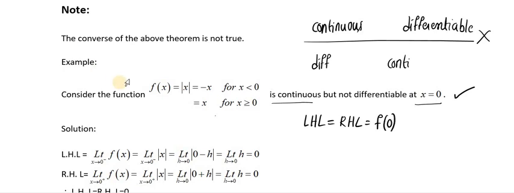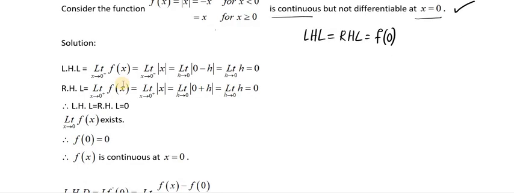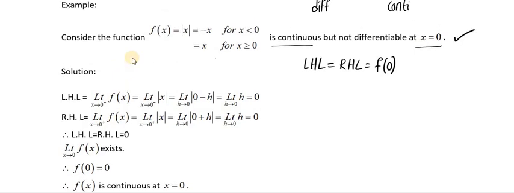Now we are going to show this, starting with LHL. Limit x tends to 0 minus f of x, where f of x is mod x. While doing LHL, we are taking a less-than quantity, that is minus, so 0 minus. Now I am going to replace x with 0 minus h.